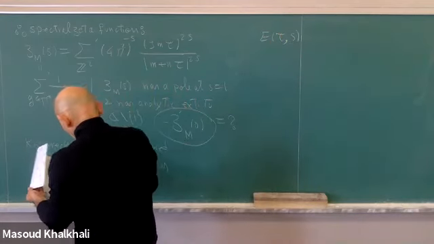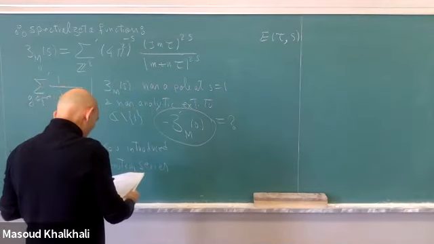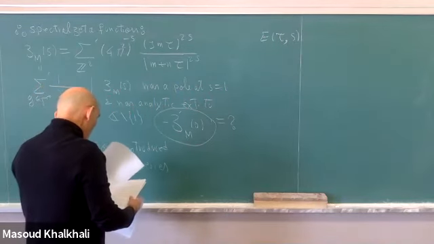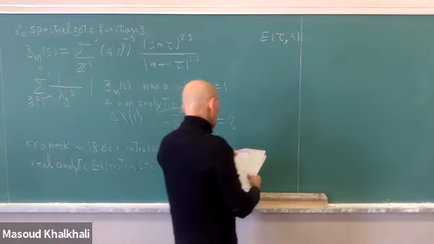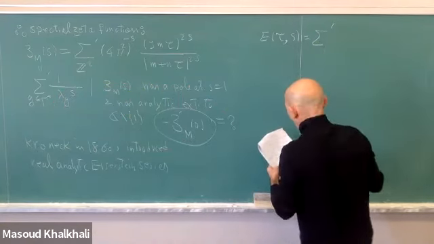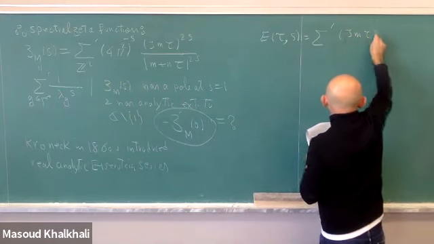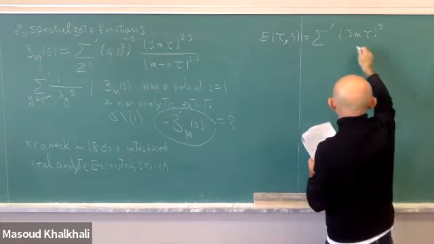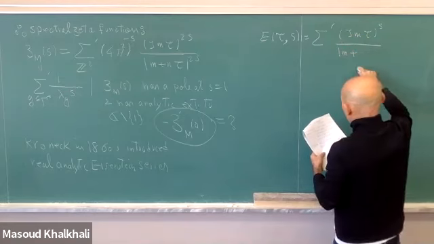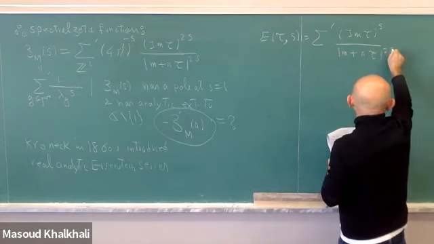So what is E of tau and s? E of tau and s is the sum prime of the imaginary part of tau to the power s divided by the absolute value of m plus n tau to the power 2s.